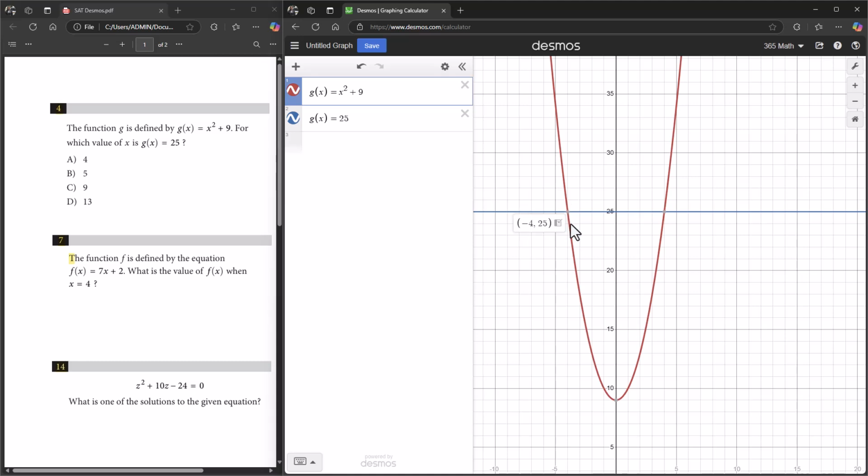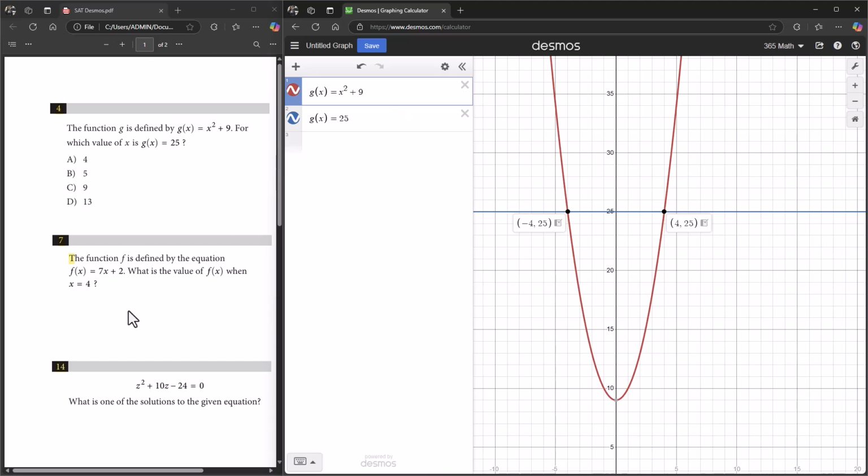Okay, so we come here, we get our coordinates, and we also come here and we get our coordinates. So for which value of x is g of x equal to 25? The values of x that we have are 4 and negative 4, but from our answers here we only have 4, so the answer would be A.